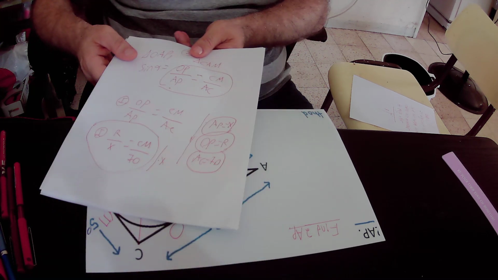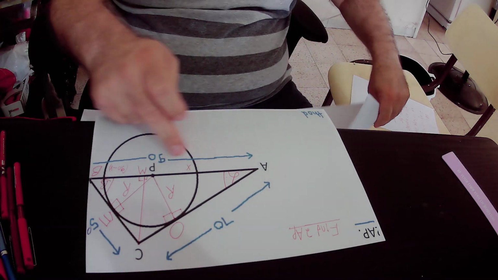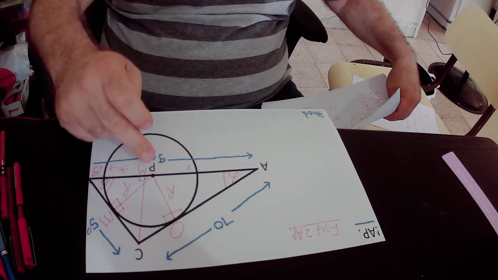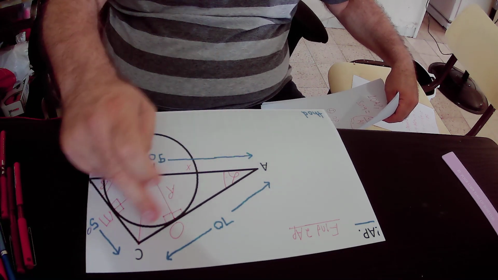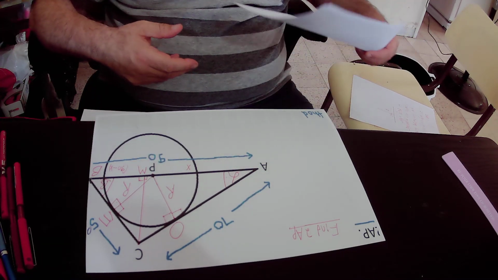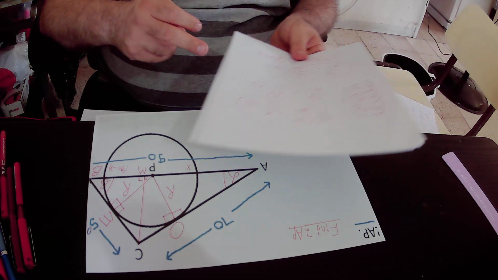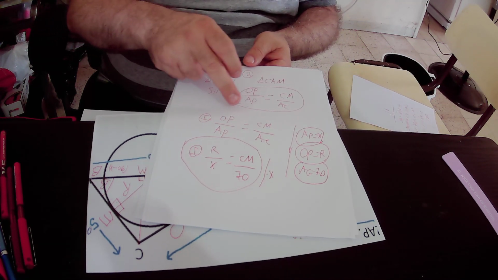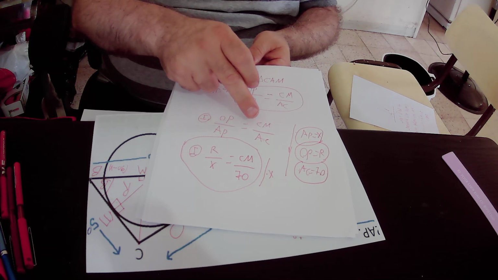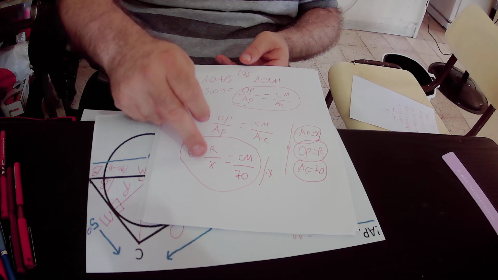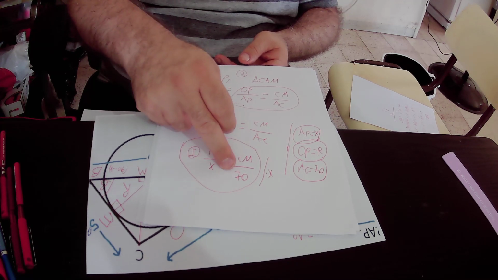But we know that AP equals X, OP equals R, and AC equals 70 units. This is given in the question. So we can put this data in the equation, OP over AP equals CM over AC, and we will get that R over X equals CM over 70.